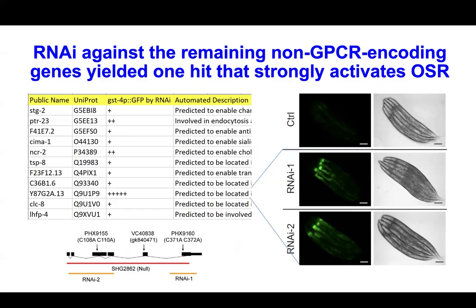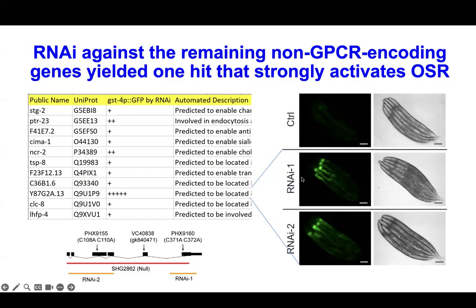And so from the functional screen, we identified one and just one candidate, the loss of function of which led to a strong activation of the oxidative stress reporter.